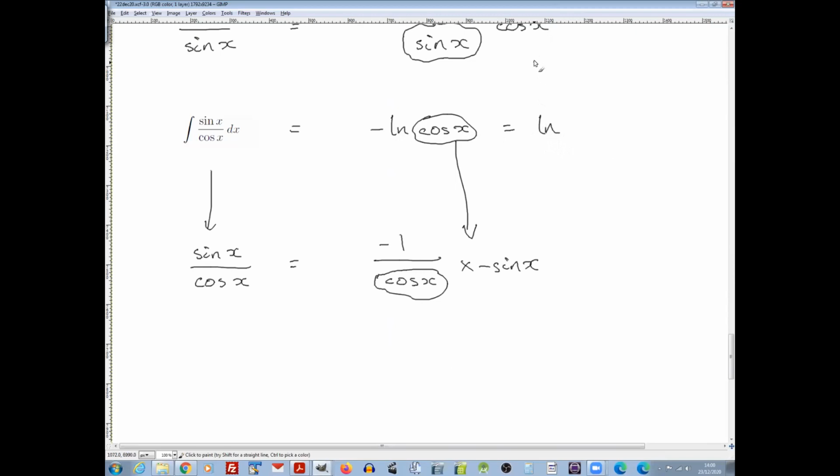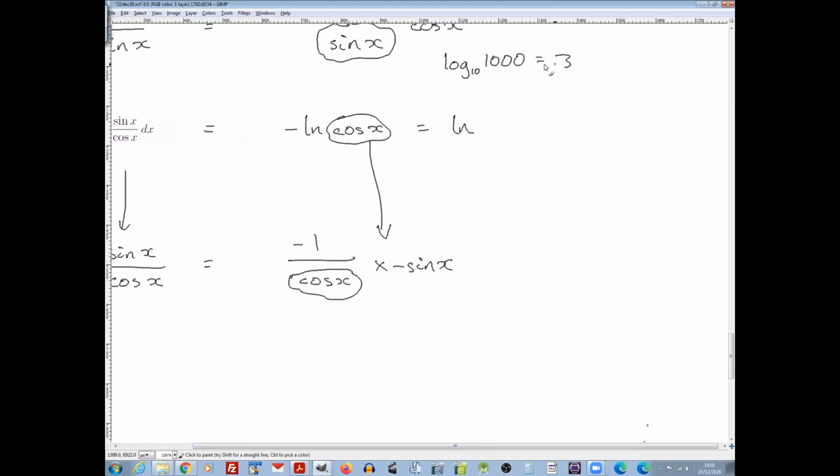For example, log to base 10 of 1,000 is 3. What's minus that? Well, obviously minus that would be minus that. But I can make my point, can't I?